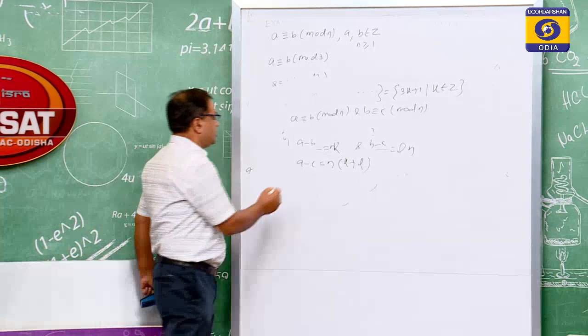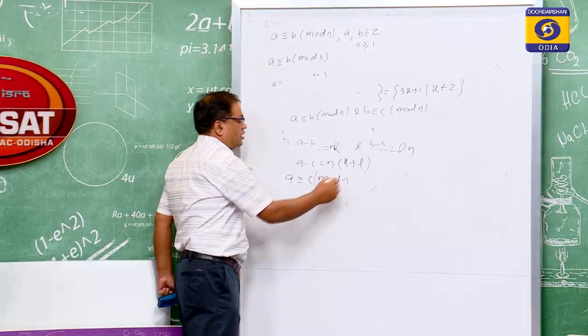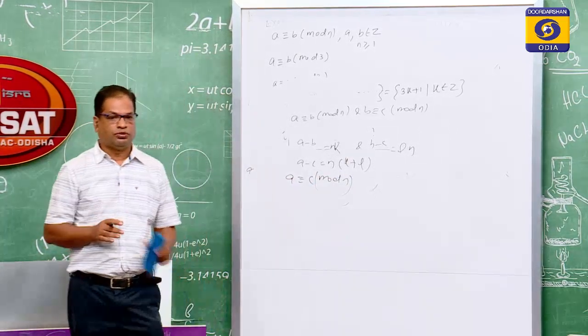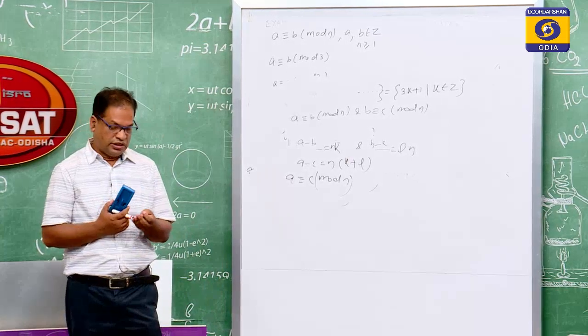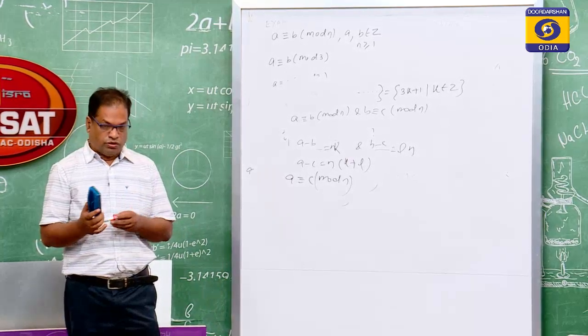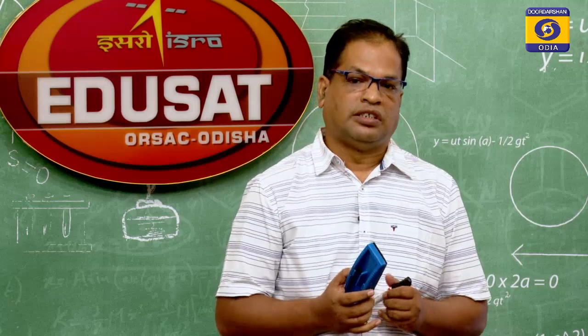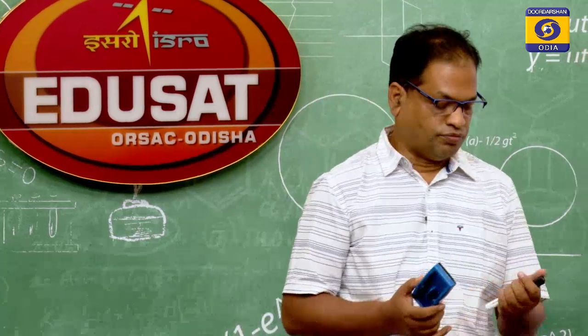So, A is congruent to C mod n. So, that means, if A is congruent to B mod n and B is congruent to C mod n, then A is congruent to C mod n, and the relation is transitive. So, we proved that the congruence modulo relation is an equivalence relation on the set of integers.